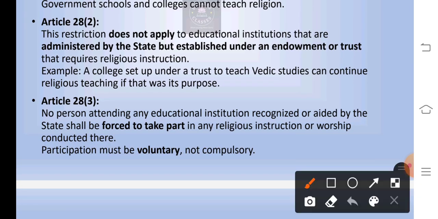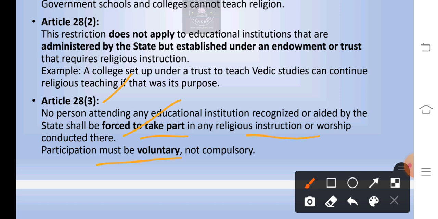Next is Article 28 Clause 3. That is, no person attending any educational institution recognized or aided by the state shall be forced to take part in any religious instruction or worship conducted there. In any educational institution, basically in private schools or educational institutions, no student should be forced to take part in any religious instruction, and participation must be voluntary.